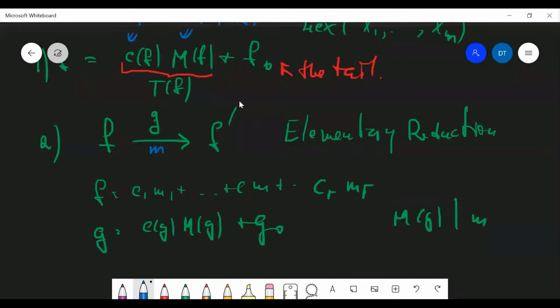This specifies all the information you need for the elementary reduction.